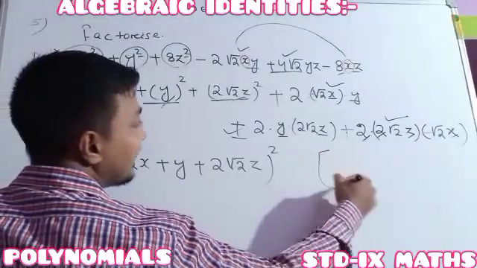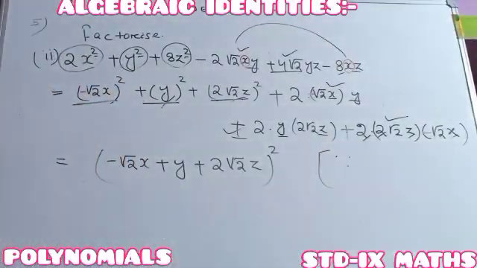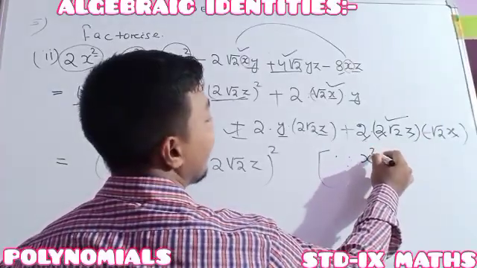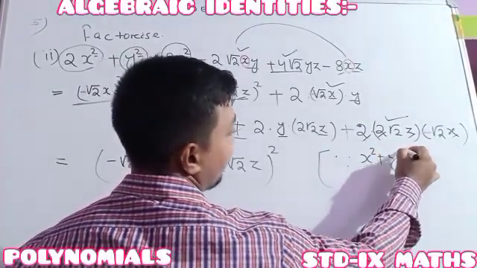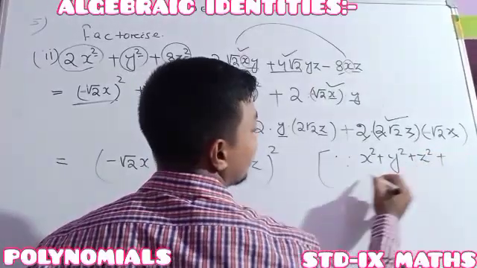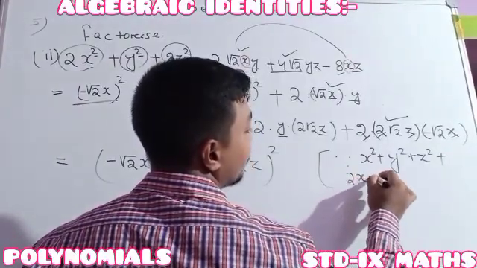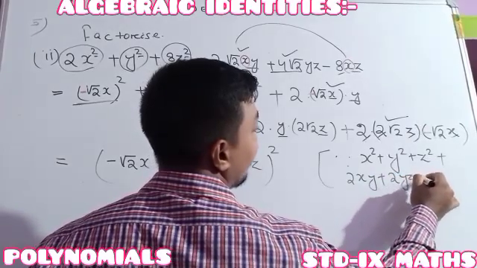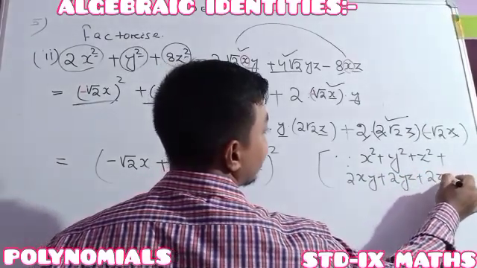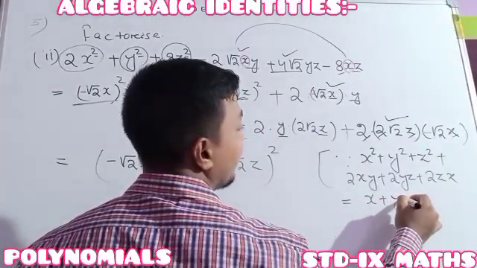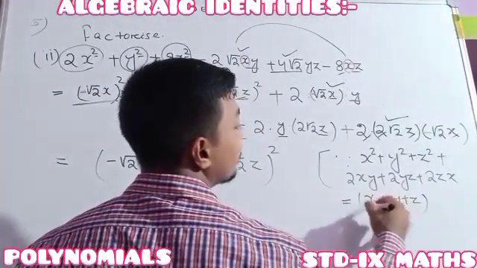How did we write it just like this? On the right side you have to write down according to this property. See, x square plus y square plus z square plus 2xy plus 2yz plus 2zx, which is our x plus y plus z, its square.